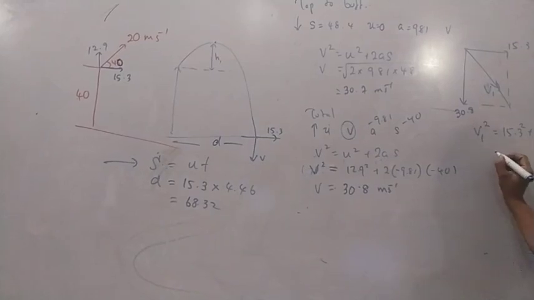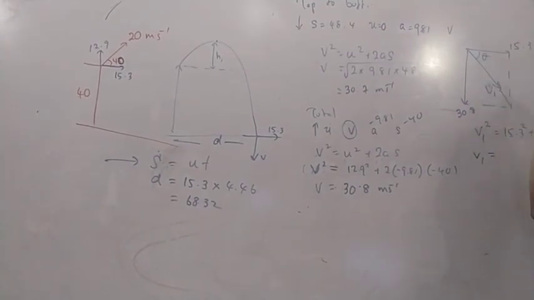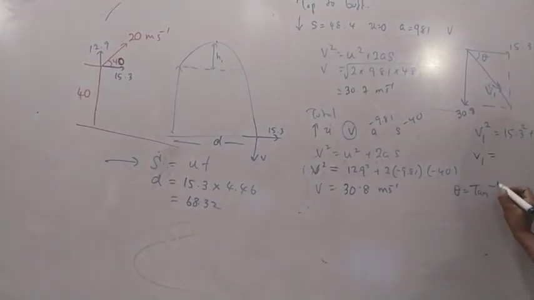Then you can find v1 from this, and also you have been given the angle. If you take this one as theta, then theta equals tan inverse of 30.8 by 15.3.